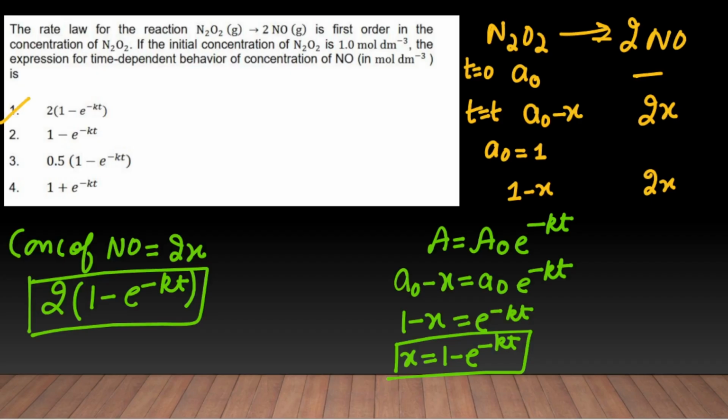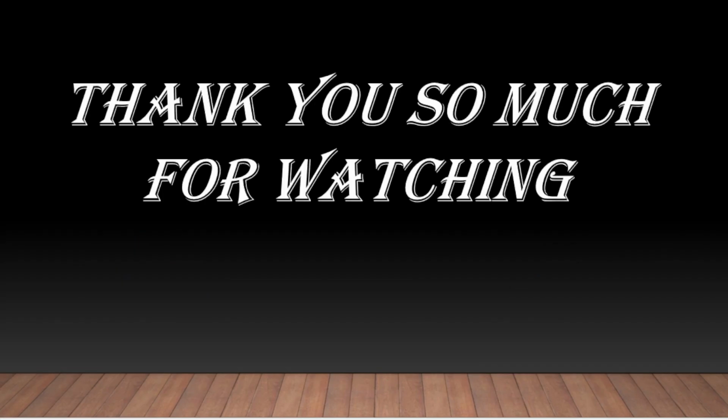Okay, I hope it's clear. So this is first order with respect to N2O2, we substituted everything, and from that we got this x value, and at time t, 2x amount of NO you were having, so that is how you get the answer. Okay, so this was the last question from your chapter, which was kinetics.